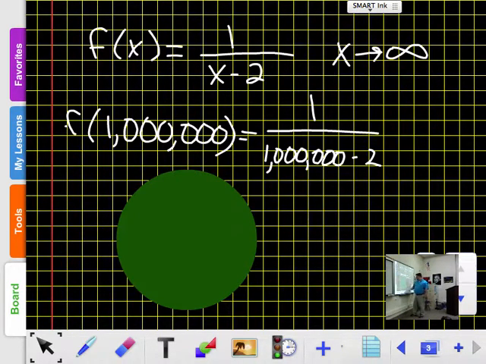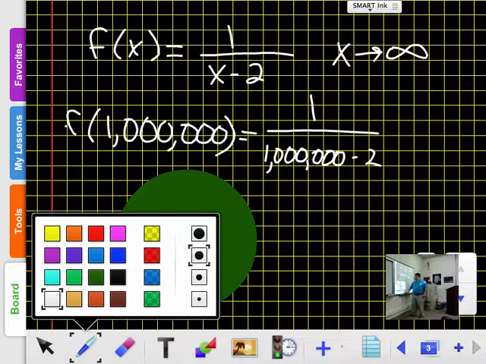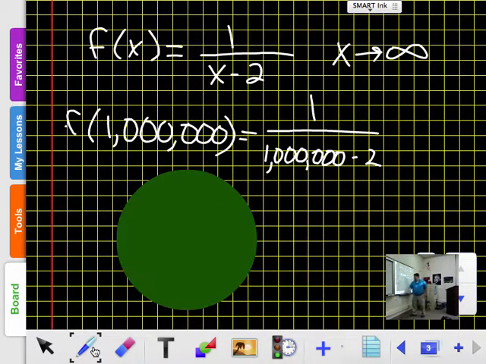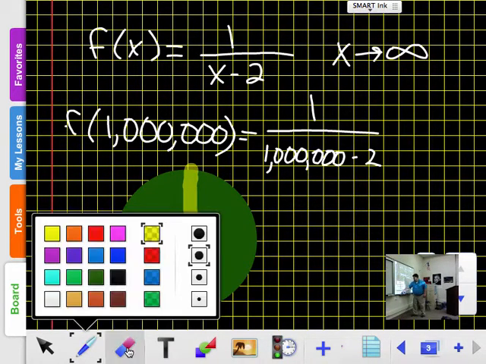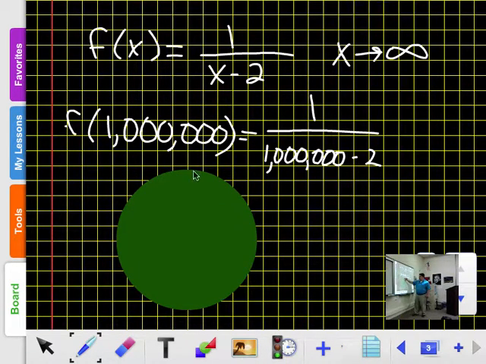But if I cut it in half, there we go. If I cut it in half, I've got what? What do we call that as a fraction? 1/2 or 1 over 2, right?